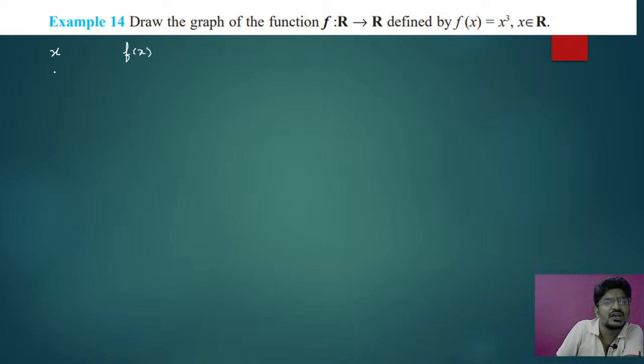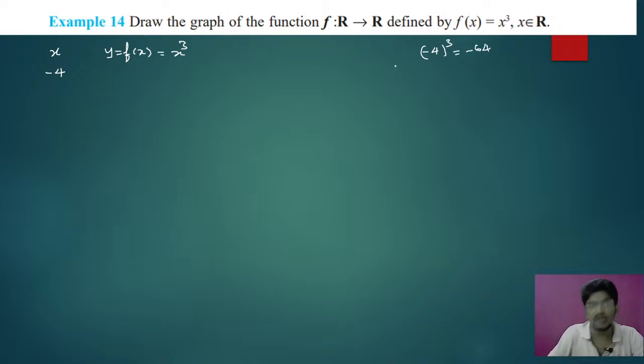If I take the x value as minus 4, can you tell me what is f of x? That is equal to x cube, or you can also write it as y. So minus 4 cube is going to be minus 64.